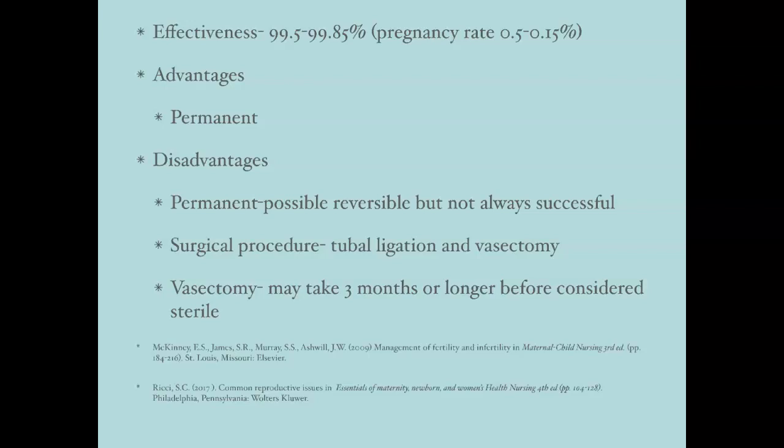Vasectomy may take 3 months or longer before they're considered sterile, because there could be sperm in the tract outside of the vas deferens, so you've got to give that opportunity to clear. The guys will have to have a semen analysis done periodically until it's showing no sperm count in the semen, and then they're considered sterile.